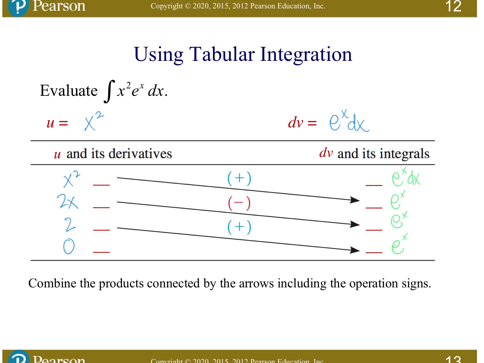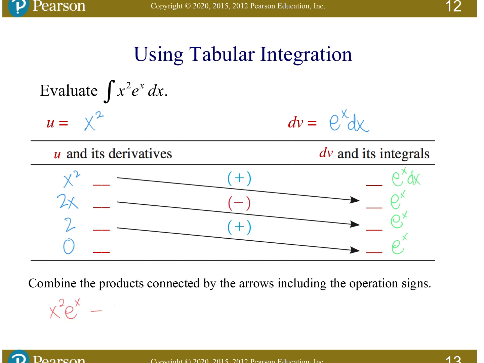So then we work combining the first derivative with the first antiderivative, the original function with the first antiderivative. So x squared is going to get paired with e to the x. And then we have a minus.